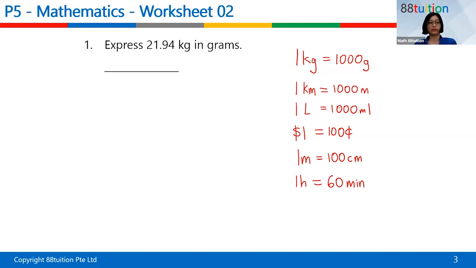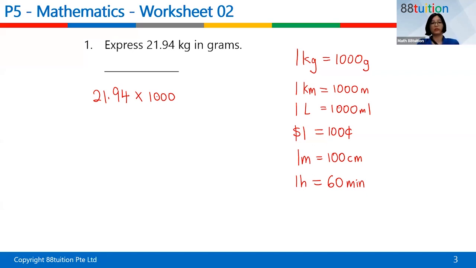So now let's talk about this. When we want to change kg to gram, we need to multiply by 1,000. So 21.94, when we multiply by 1,000, actually I shouldn't write it here. Last week we also talked about how we multiply by multiples of 10.